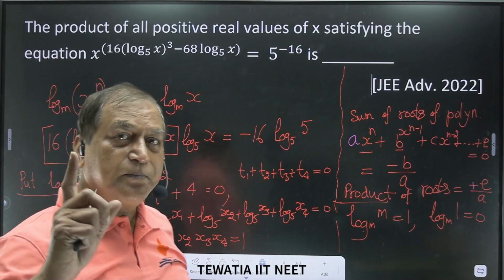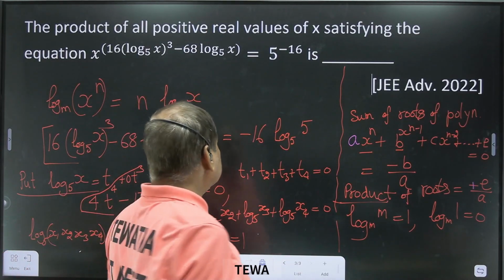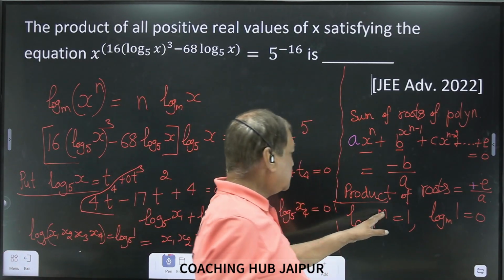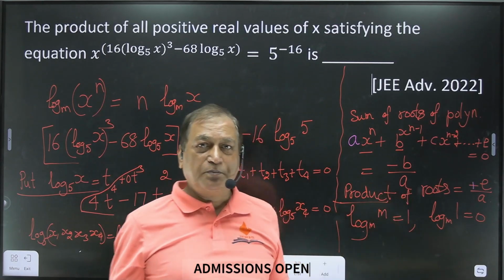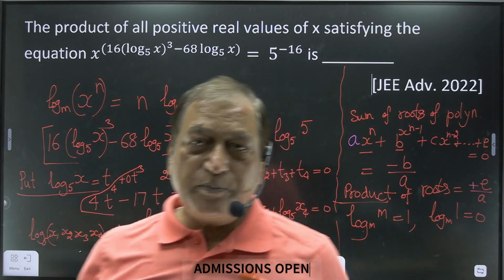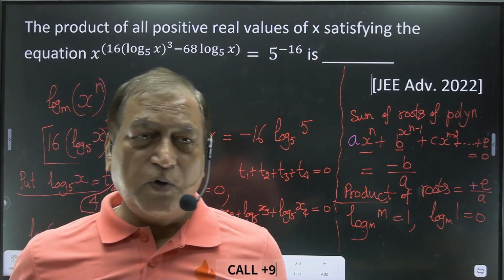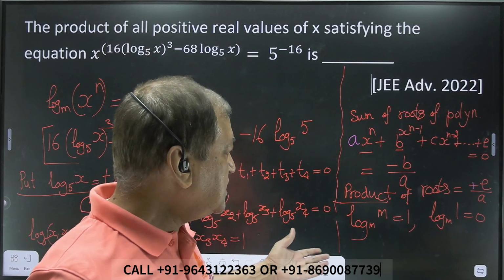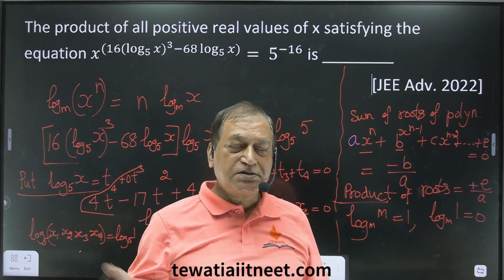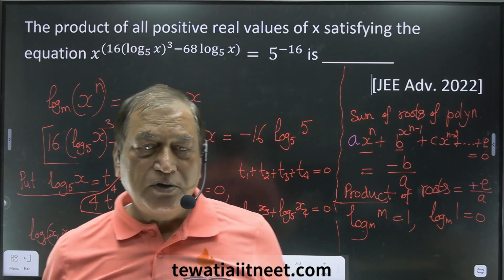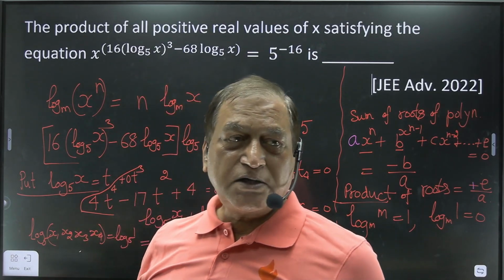Number one concept. Second is log of m to the base m, that means log of any number to the base of the same number is 1. Third is log of 1 to any base, whether it is e, 10, or 2, 3, 4, 5, whatever, that is 0.